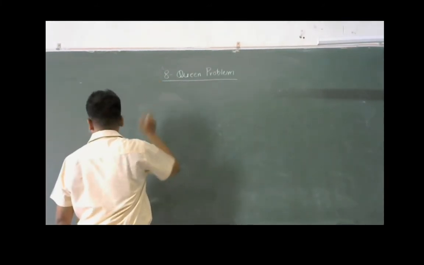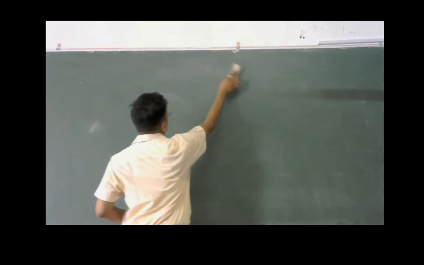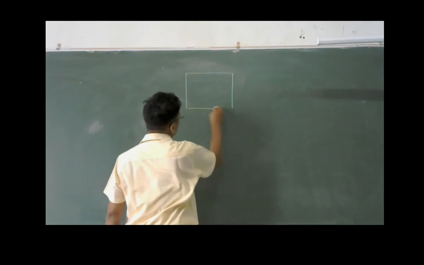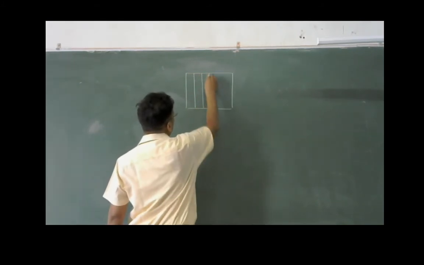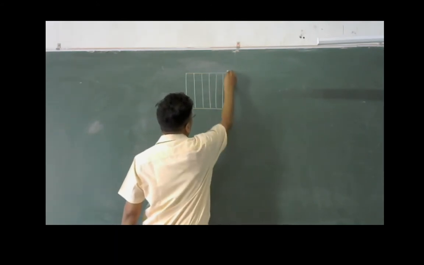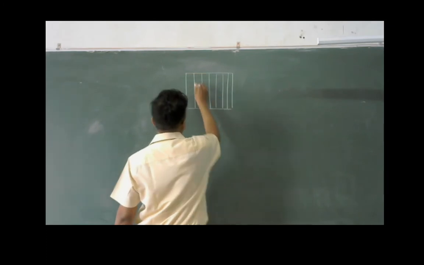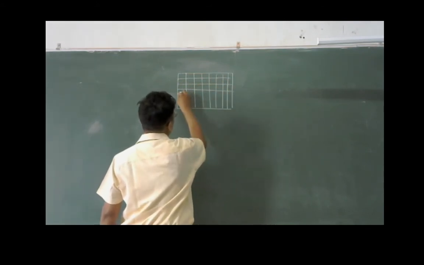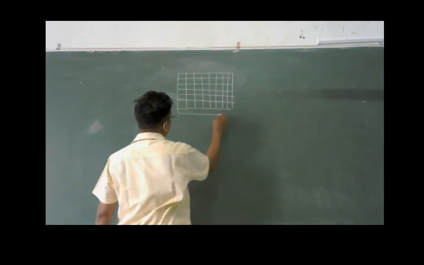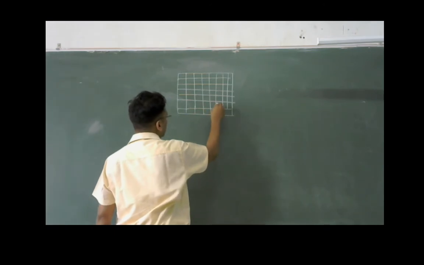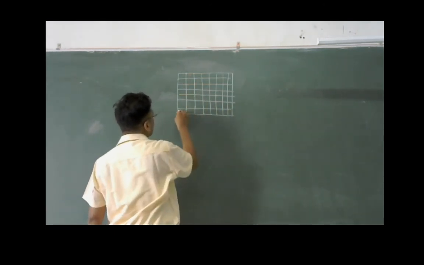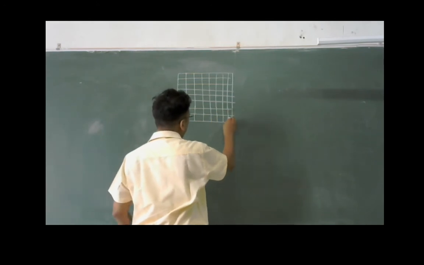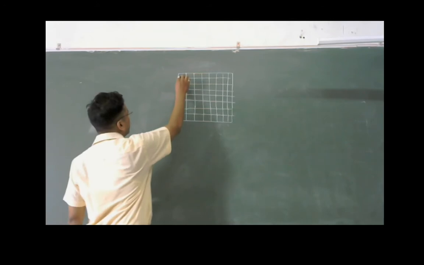So this is the chessboard. Since there are various combinations in the chessboard, here we can safely place a queen here.